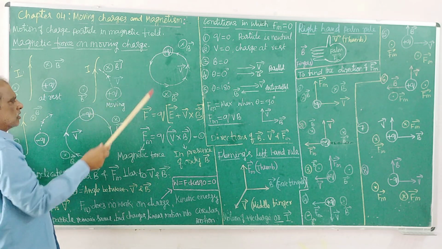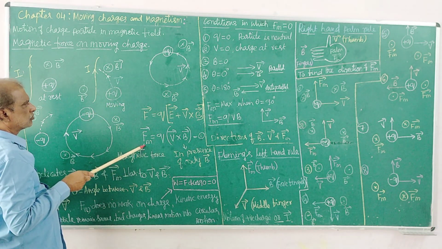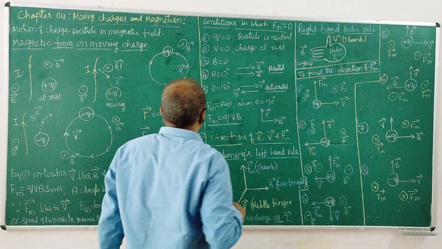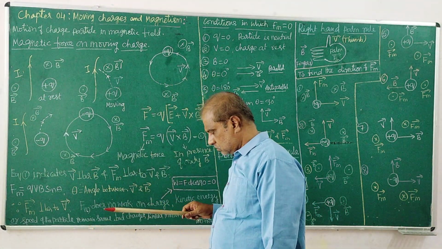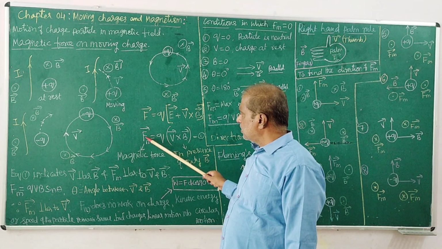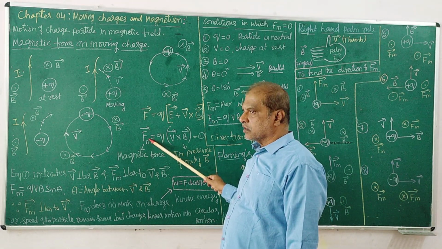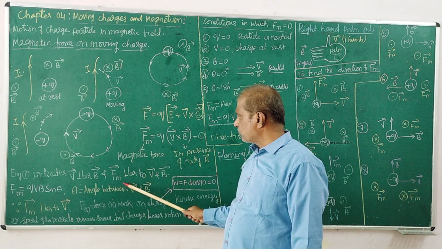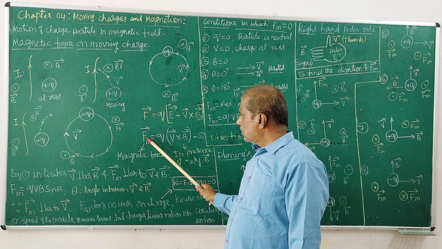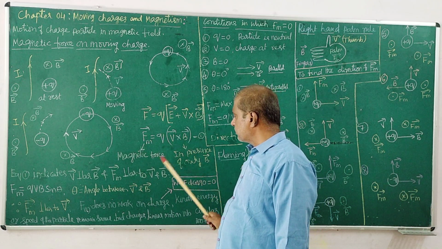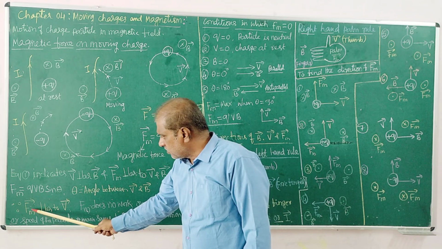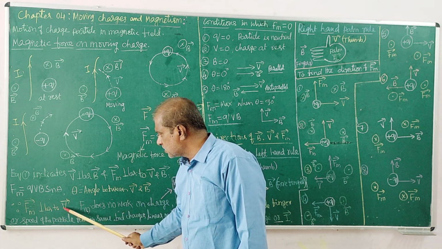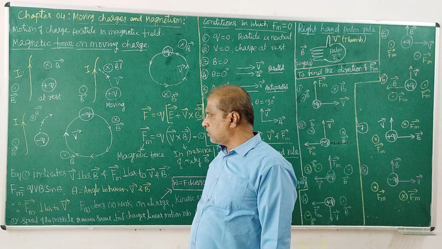That is the basis on which this equation is proposed. And one more point we need to understand. The vector law says the magnetic force F is perpendicular to v and B. F is perpendicular to v as well as B. That means the magnetic force that arises is always perpendicular to the velocity vector, the movement of the charged particle.